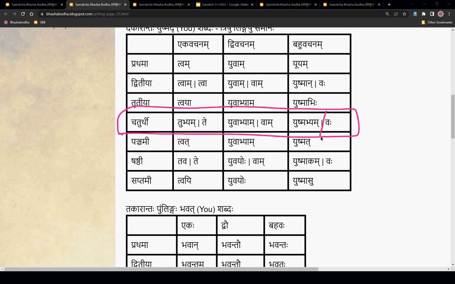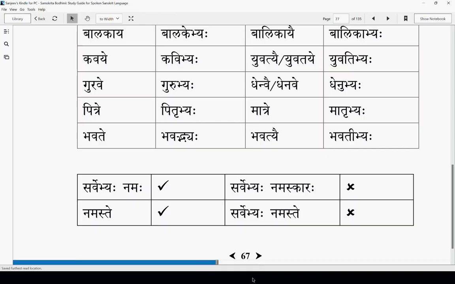These are alternate forms; you can use either one. In the ekavachanam also there are two: namaha te or namaha tubhyam. Namastubhyam, you might see in the shloka. Or namaha yushmabhyam, namaha vaha. These are bahuvachana forms.